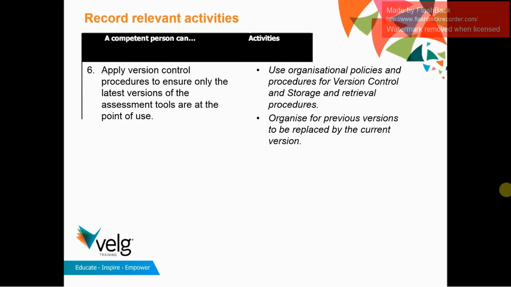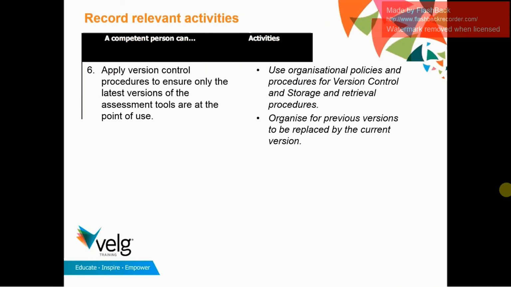This is a discipline that goes beyond just our assessment tools. Often when I'm doing internal audits with people, I will find old copies of marketing materials, old copies of student handbooks, old copies of staff handbooks. So, again, it's a discipline. We're talking about this discipline for our assessment tools, but it's a discipline we use for managing most of the documents in our RTO.